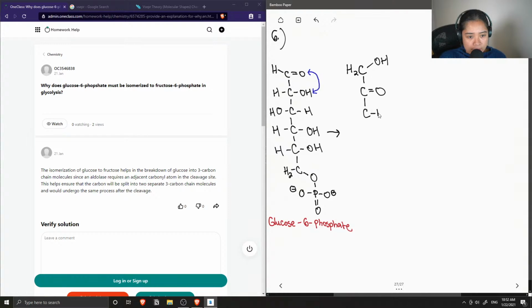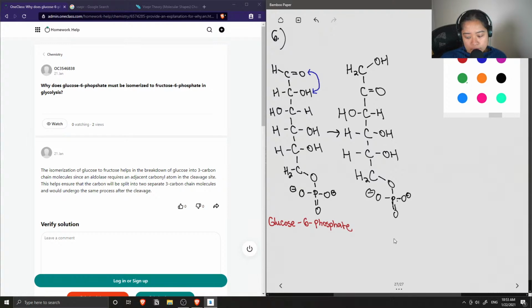But the rest of the molecule is the same. And this is fructose 6-phosphate.